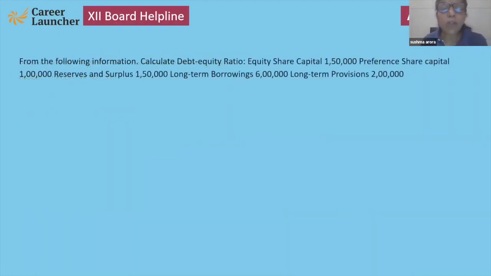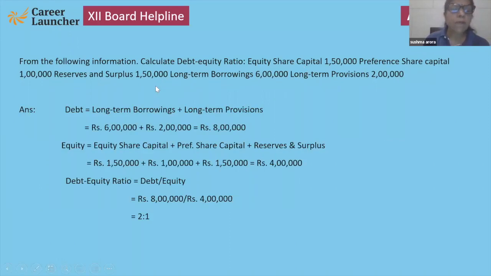From the following information, calculate debt equity ratio. Equity share given, preference share given, reserves and surplus given, long-term borrowings and long-term provision. It's very easy to learn the formula. Debt upon equity. Debt means long-term borrowings and long-term provisions, debentures. And equity means ES plus PS plus reserves and surplus. Note down.